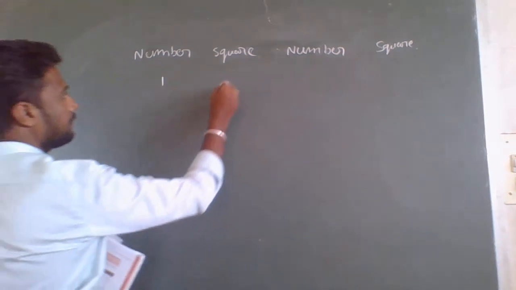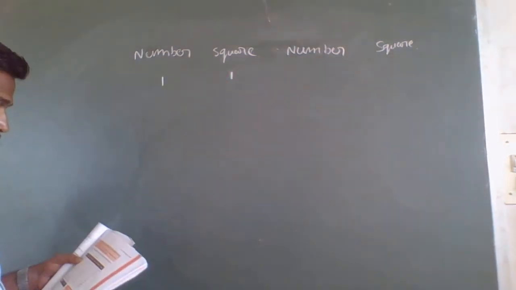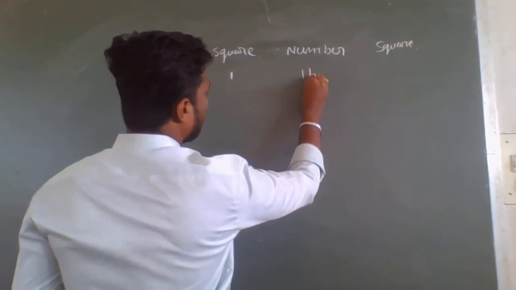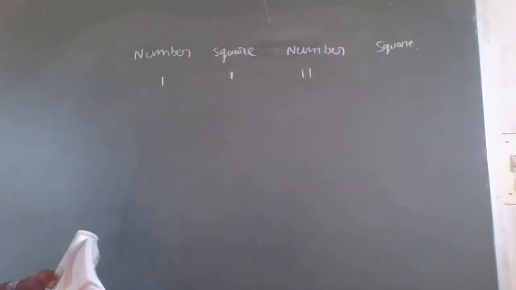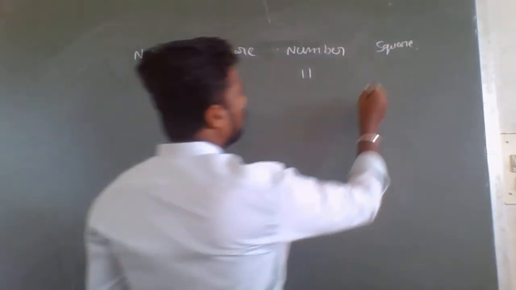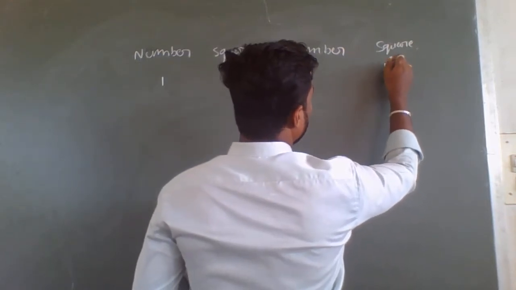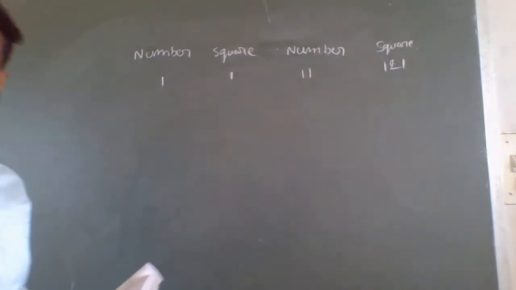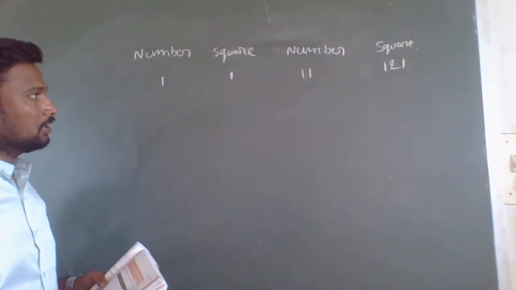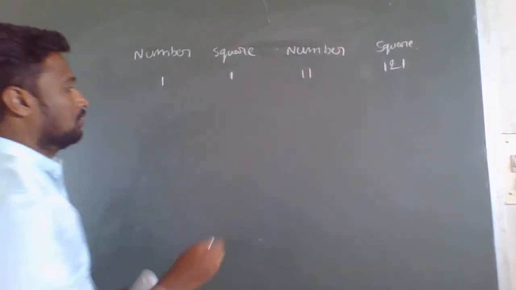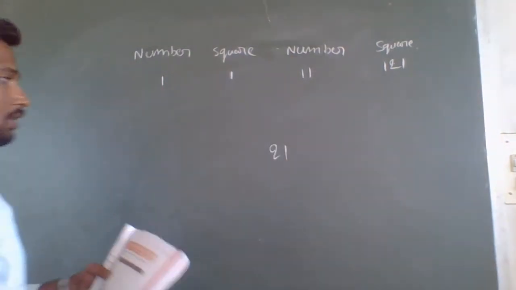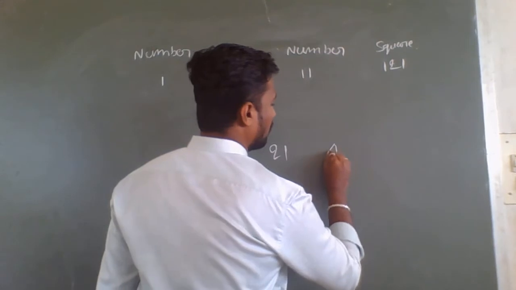Square of 1 is 1 only, and in the next column they considered the number 11. Square of 11 is 121, and in the next column they considered 21. Square of 21 is 441.